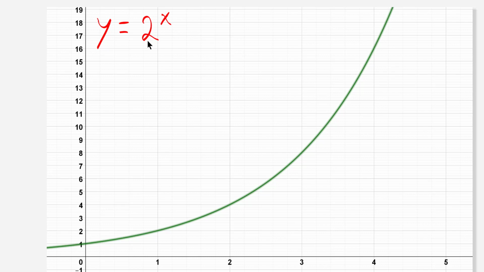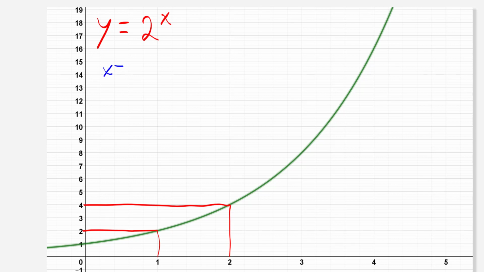So we have a base, in this case the base is 2 to some power, and that power is our input. So we can see from the graph here, if we take an input of 1, our output is 2. If we take an input of 2, our output is 4. And this should make sense if you think about it.